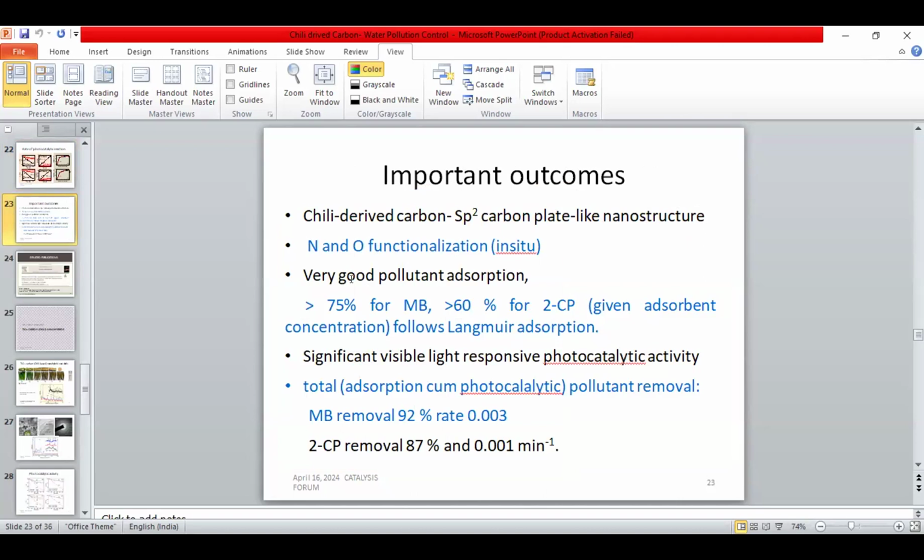And it has very big pollutant adsorption on this carbon: 75% for methylene blue, more than 60% for chlorophenol. It has significant visible light response for photocatalytic activity with a very good rate of degradation. For 2-chlorophenol, removal is 87%, total removal I'm talking about. And for methylene blue it is 92% with these rates.